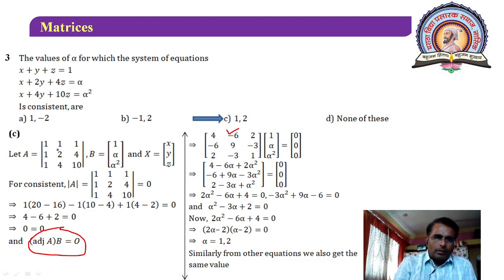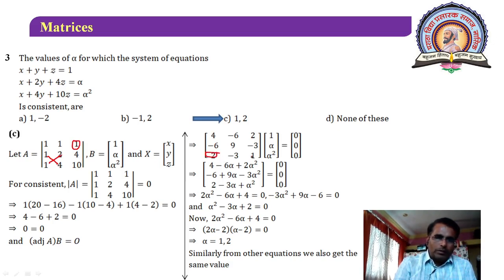If you consider the first element, what is the cofactor? 20 minus 16, that is 4 is coming here. Then for the second element, 10 minus 4, 6, but that is coming here with a negative sign. For the third element, the minor is 4 minus 2, it is 2, so that 2 is coming here.